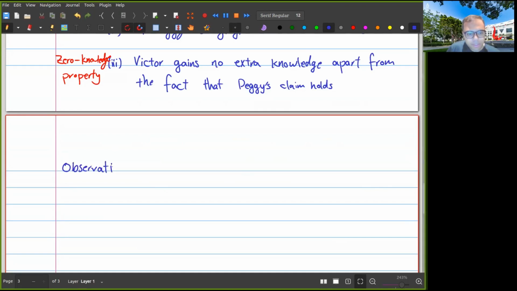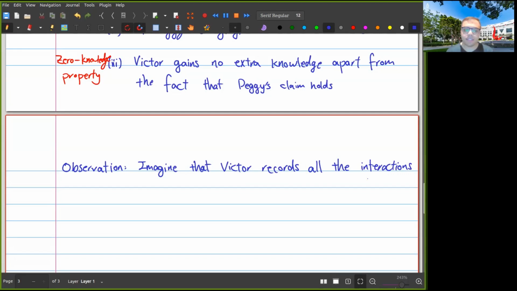So suppose that Victor records the entire protocol, okay? So imagine that Victor records all the interactions. And let's say he then plays this recording for someone else, okay?